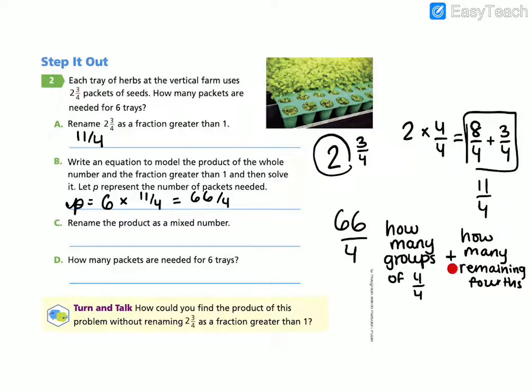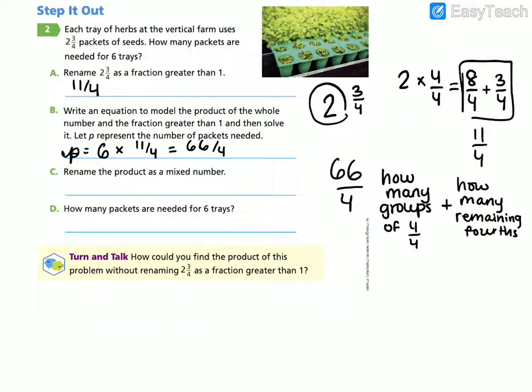I see remaining and I see groups of. Here's a way we can do this. We can divide 66 by 4 because I want to find how many equal groups of 4 are in 66.